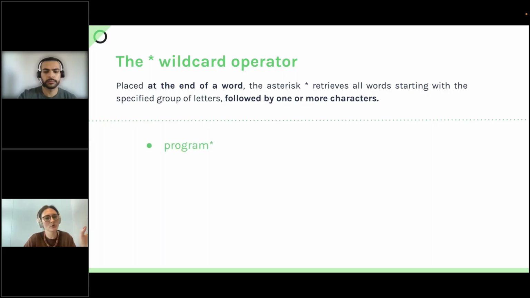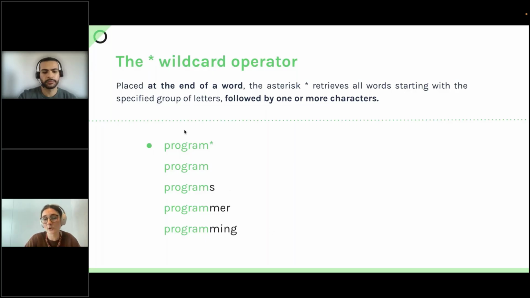So imagine you have the term program. If I place the asterisk at the end, this will bring me back program. I will also collect the plural form, programs, and I will also collect programmer, programming.